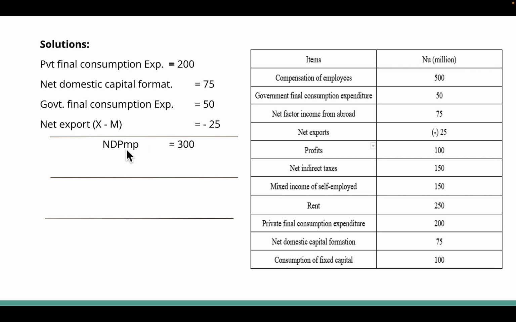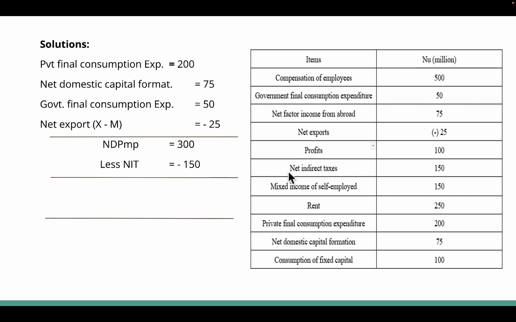The first thing is we will convert this market price to factor cost. To convert the market price to factor cost, we have to deduct net indirect taxes. What is the value of net indirect taxes? 150. Net indirect taxes is equal to indirect tax minus subsidies.